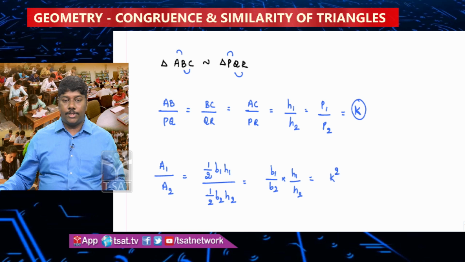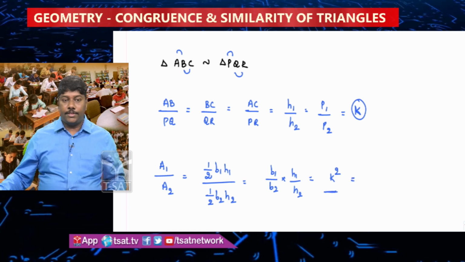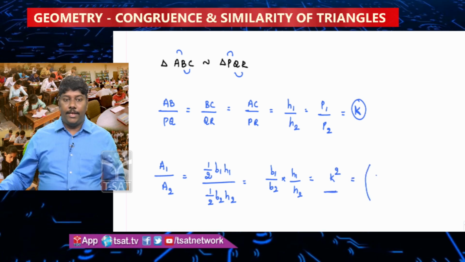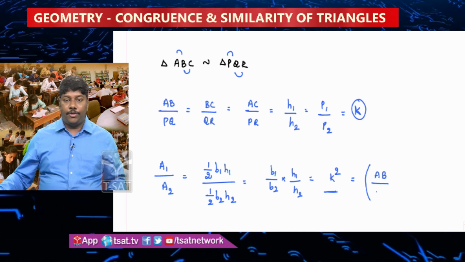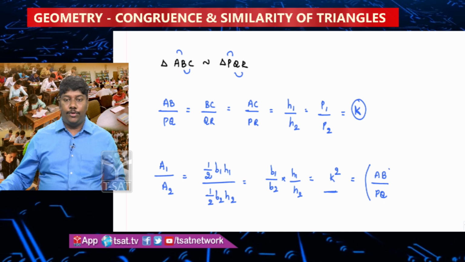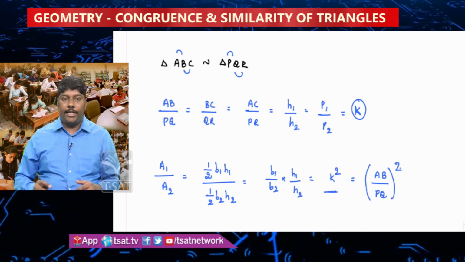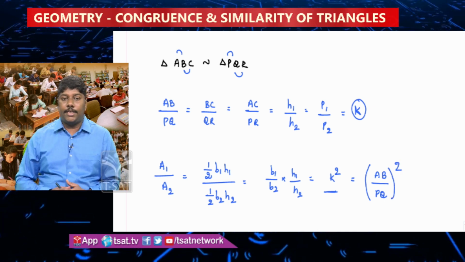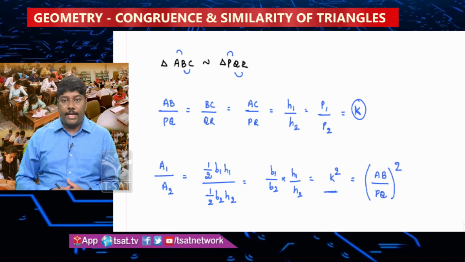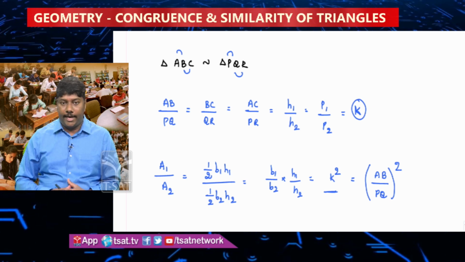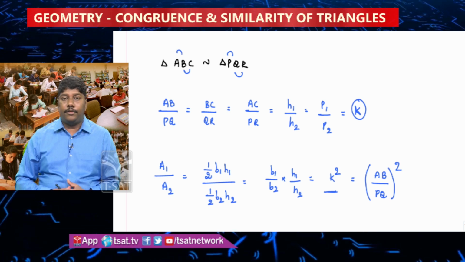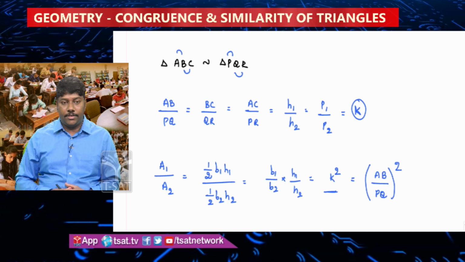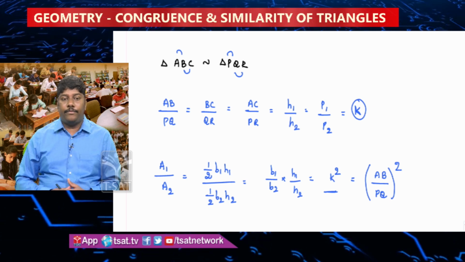So K into K, K square, which means the ratio of the areas of similar triangles is equal to the square of the ratio of their sides. AB by PQ you can take, or else BC by QR whole square, or else AC by PR whole square, or else H1 by H2. If you know their heights, you can take the ratio of their heights and square it. If you know their perimeter ratio, then the square of this is equal to the ratio of their areas.